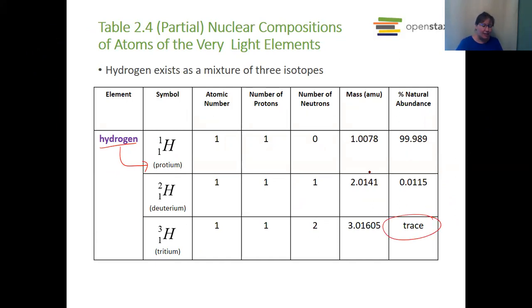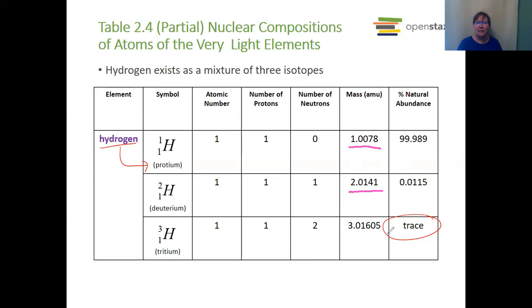All right, so let's use this to take a look, and it's the next slide as well, but let's use this here to take a look at what this means. Okay, so here we have 1.0078 and deuterium at 2.0141.